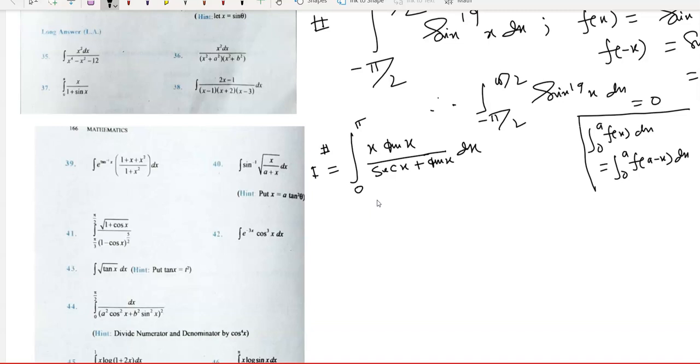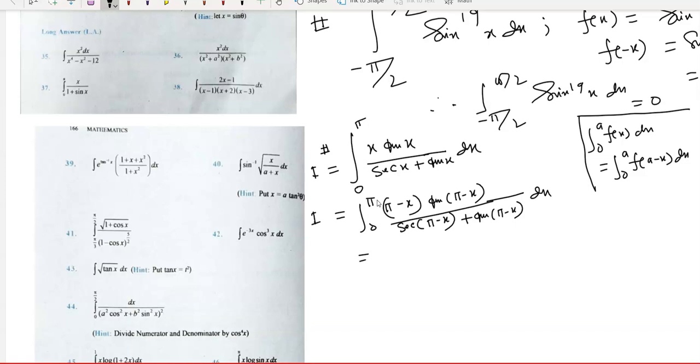So this will be I equal to the integral from 0 to pi of pi minus x, tan of pi minus x, divided by sec of pi minus x plus tan of pi minus x, dx.